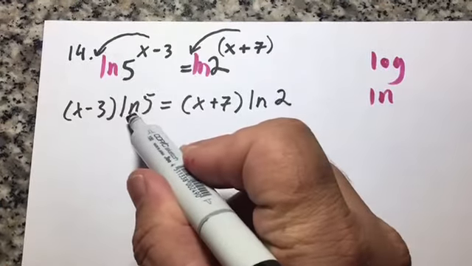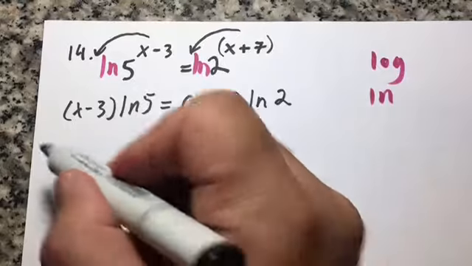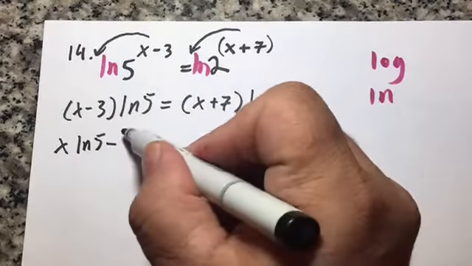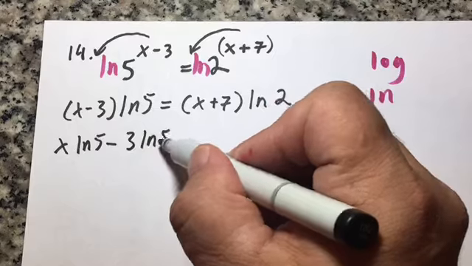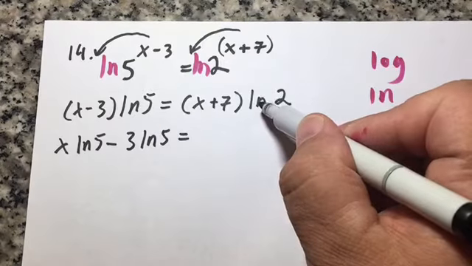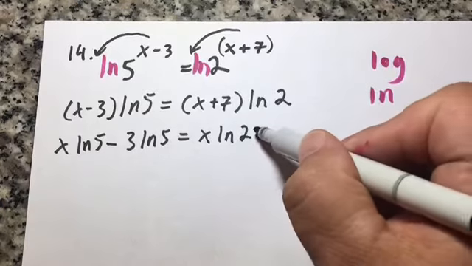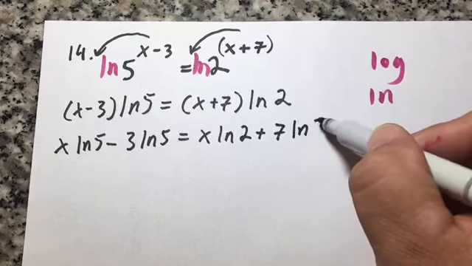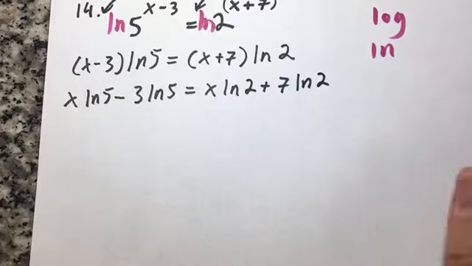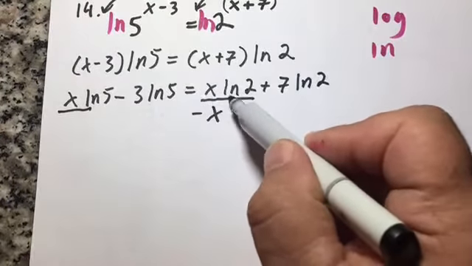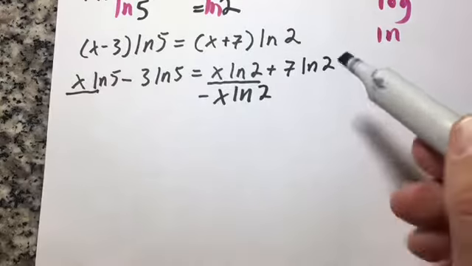I'm going to distribute the ln 5 to the x and to the -3. It's going to give me x ln 5 minus 3 ln 5 equals, I distribute the ln 2 to the x plus 7, x ln 2 plus 7 ln 2. I want to group the x's on one side. So I'm going to subtract x ln 2 from both sides.